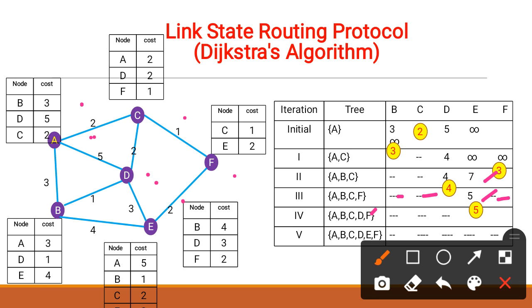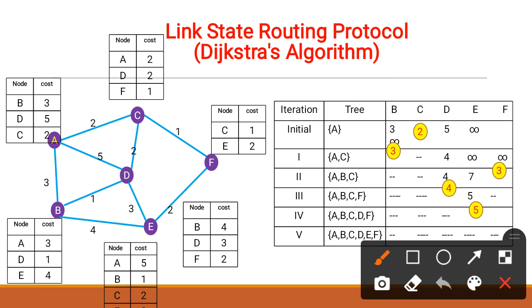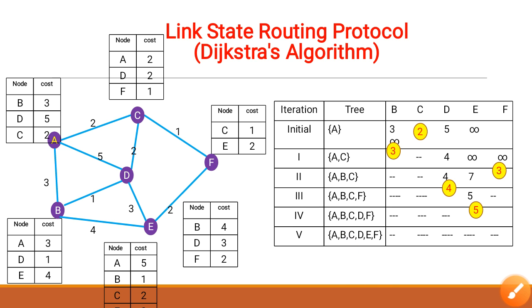Lastly, we add E and write all the values. While observing this, one by one we are adding to the tree, and we get the smallest cost to the devices.